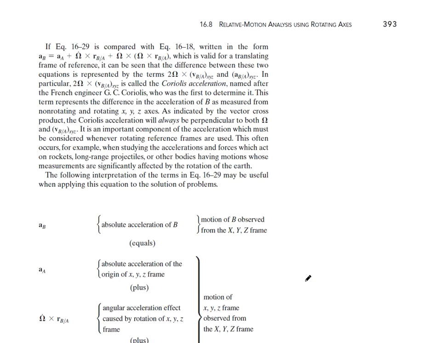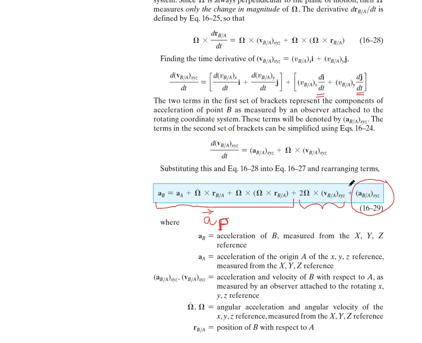This Coriolis acceleration, which is a new concept, being a cross product, omega has the direction of z. So if you cross omega with the relative velocity, you get a vector that's perpendicular to the velocity vector. And whether omega is positive or negative, that will be in one direction or mirror relative to the velocity vector.